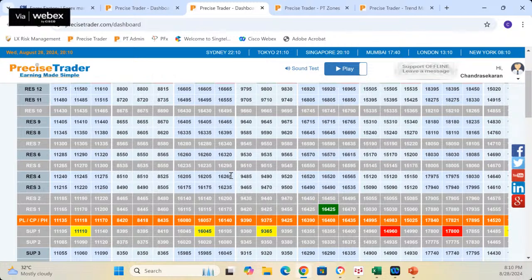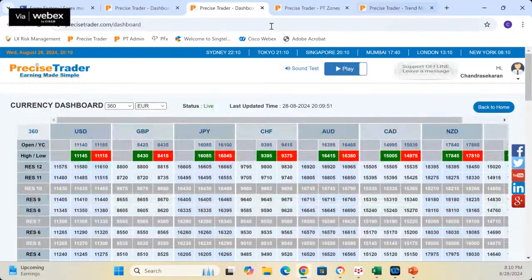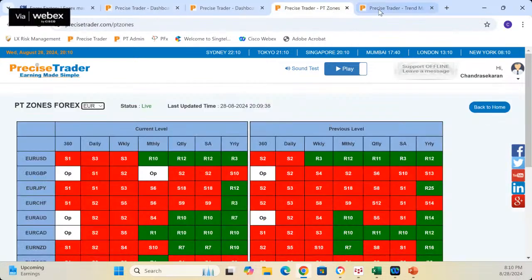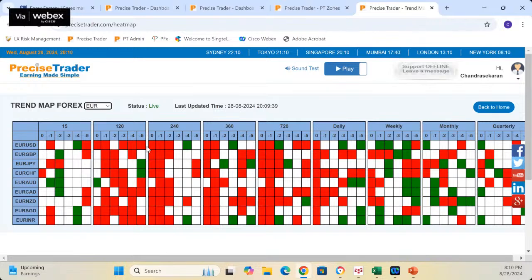In order to get your entry, we should be consulting your trend map. Remember, I told you your 120 is also down. So now we will go to the 15-minute high, because your 15-minute is also down, and right now this is also flat.